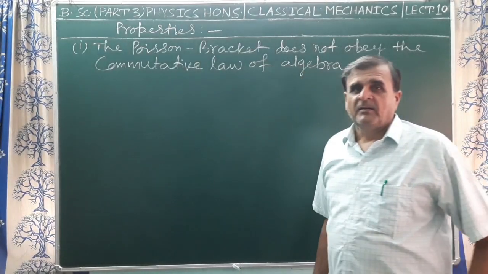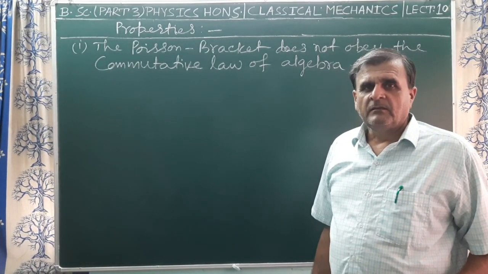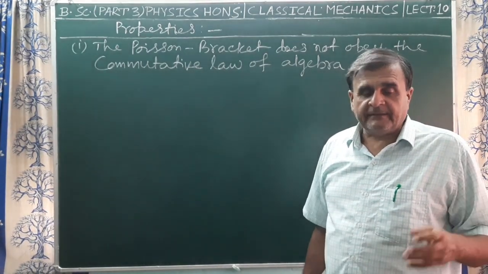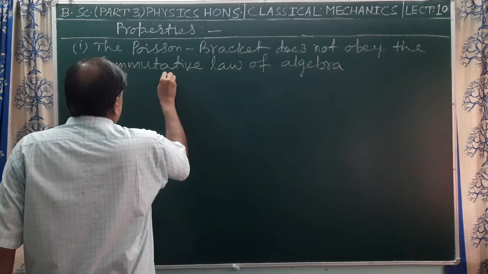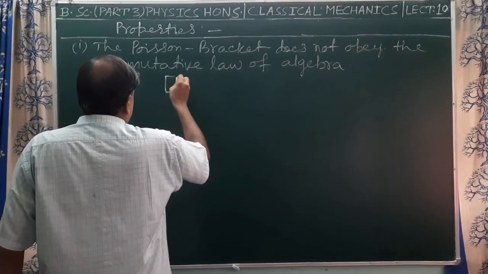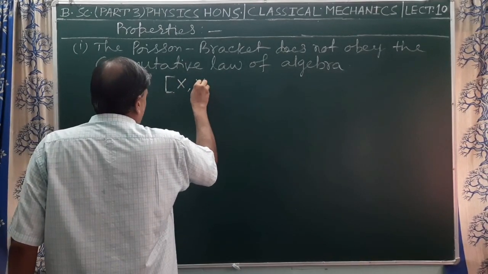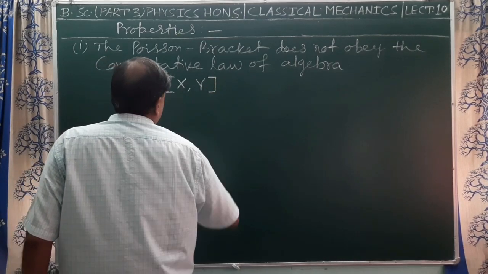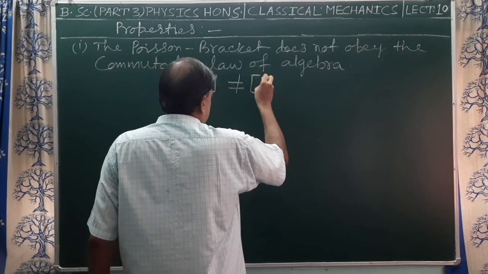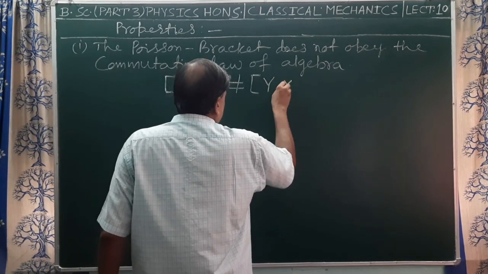That is, for a pair of dynamical variables or for two dynamical variables X and Y, we can write the square bracket, the symbol of Poisson bracket, [X, Y] not equals to [Y, X].